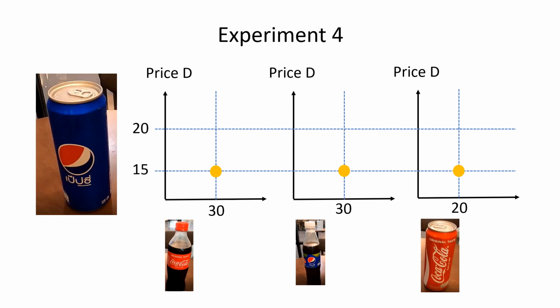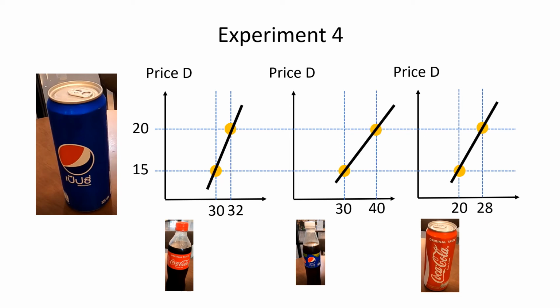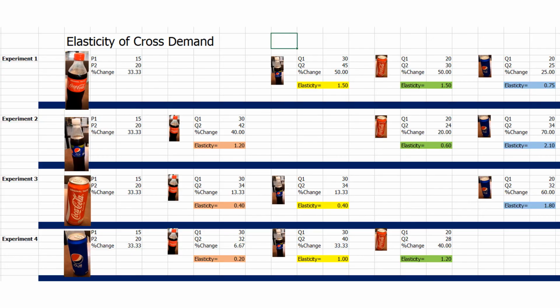These numbers can calculate the elasticity of cross demand. All the elasticities are calculated, and you can find the relationship between those similar products. The higher the elasticity, the higher the degree of similarity.